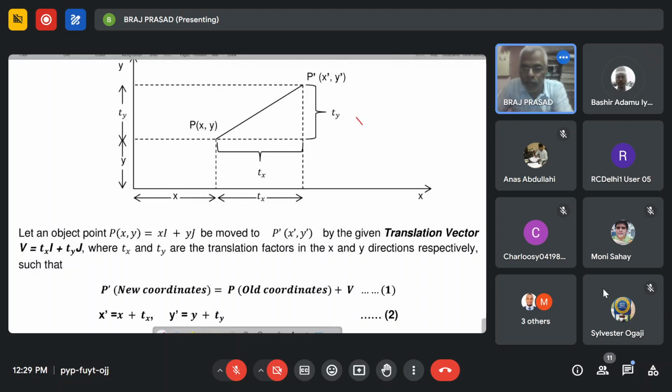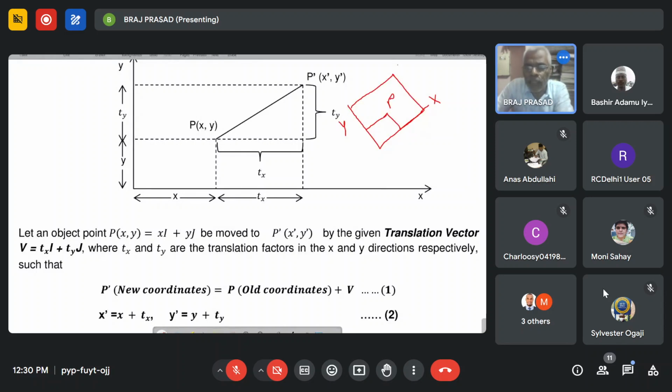It may be like this, x and y. In this case the x becomes this, and suppose this is our point p, and if we shift it to p dash, this is our tx, and this becomes like this. So the same concept is used here.